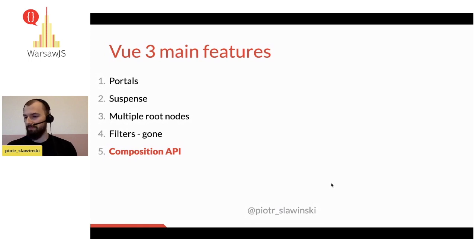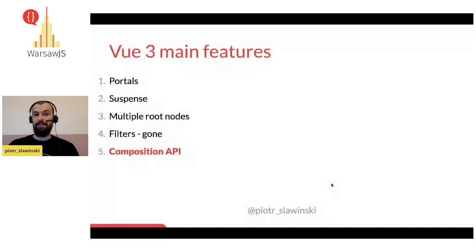Portals is when, if someone doesn't know, elements of a child component live in many places of the parent component. Suspense is when, in a conditional, it renders a fallback component until a certain condition is met. Multiple root nodes allows you to have more than one element inside the template root.